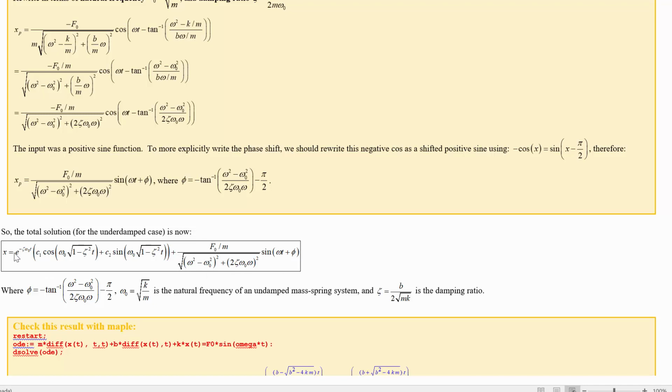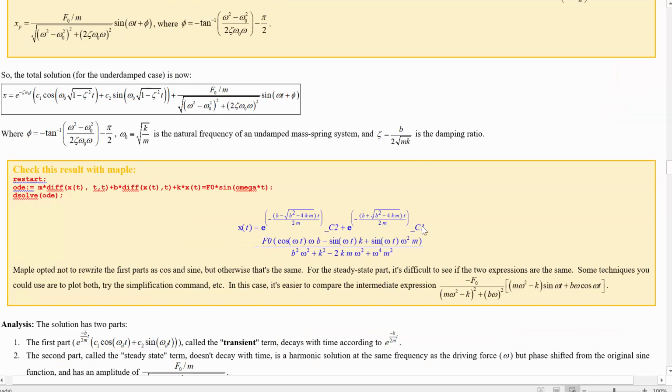We've got this exponentially decaying thing here that had nothing to do with whether we were forcing it or not. It just had to do with the initial conditions. This is called the transient part of the solution because it goes away after enough time. And then we've got the steady state part of the solution, which is due to this sinusoidal forcing function that we have. Okay.